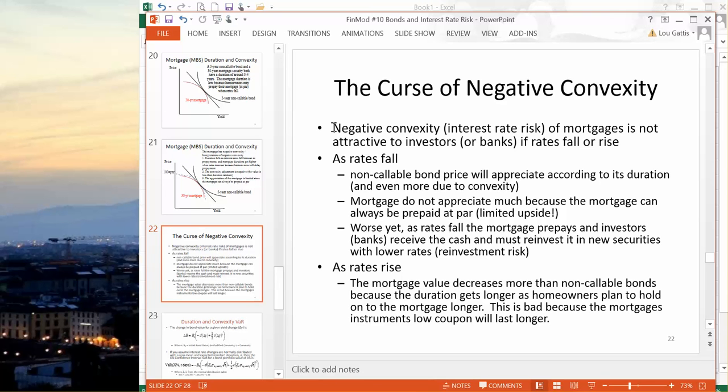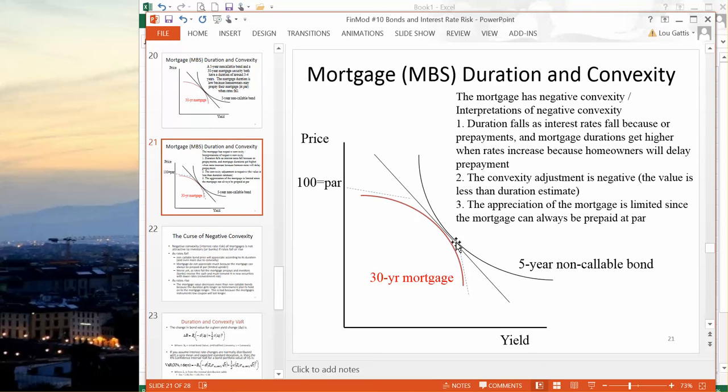So much has been written about the negative convexity of mortgages. They make them generally a very unattractive instrument for banks, very attractive for a homeowner because you get to prepay anytime rates go down, and then if rates go up, you kind of extend and hold on to it longer and longer.